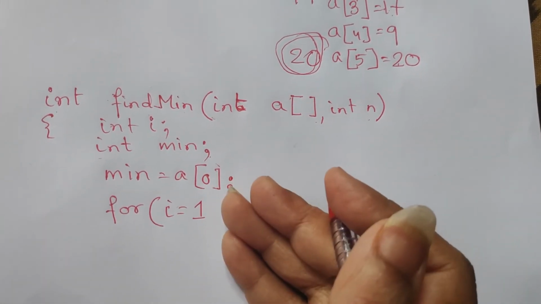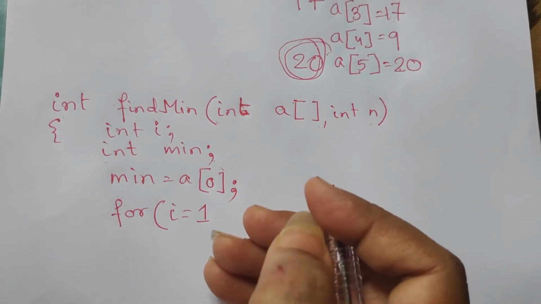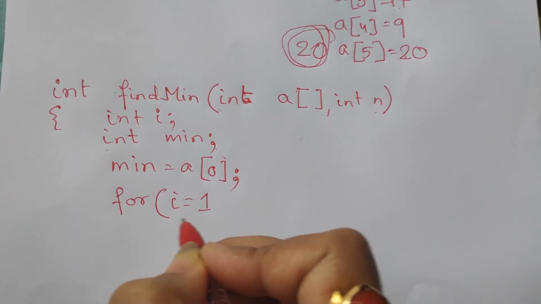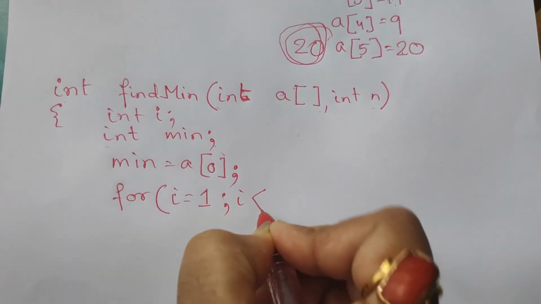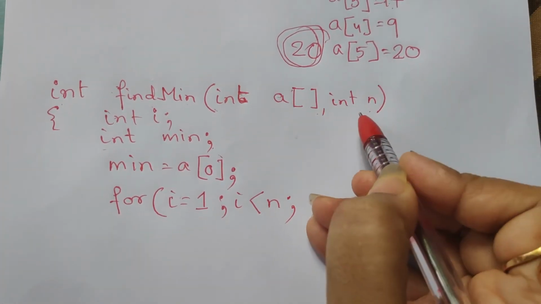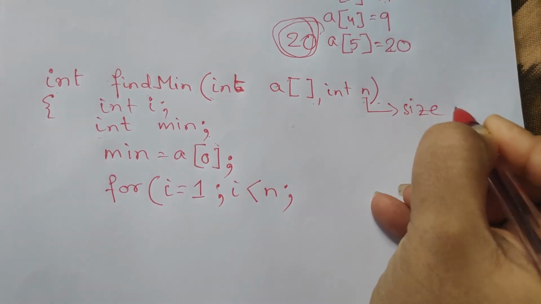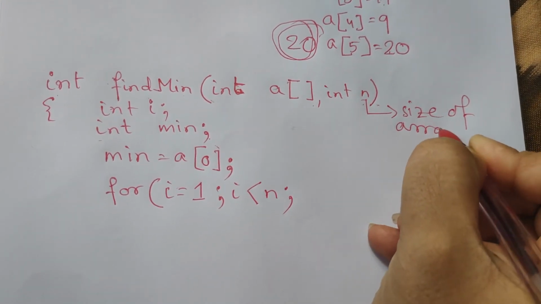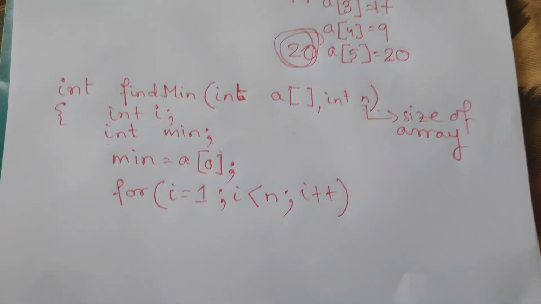Because both of them will be of the same value, so there is no need to compare it again. So we will start from the next number. i equals 1; i less than n, where n is the size of the array; and i plus plus. That's the for loop, right?